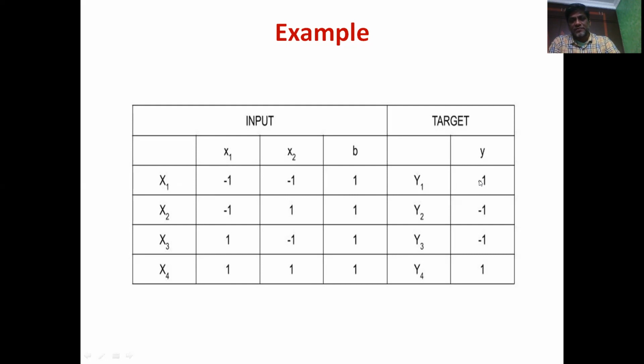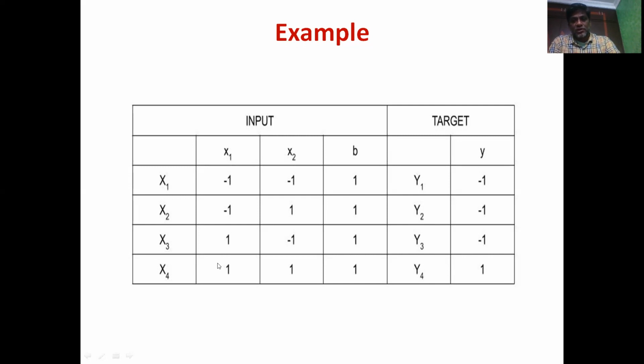That means capital X1 is the input vector that represents -1, -1, 1, and its corresponding target value is -1. Similarly, the second input vector is -1, 1, 1, and the corresponding target value is -1. And the third input vector, capital X3, is 1, -1, 1, and its target value is -1.